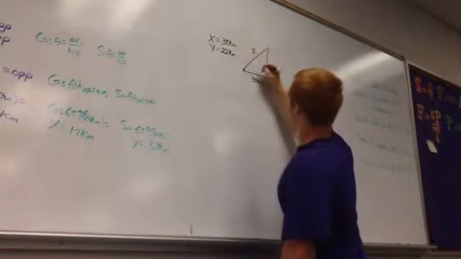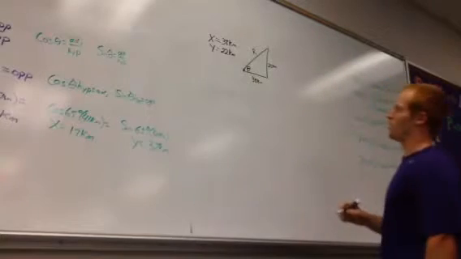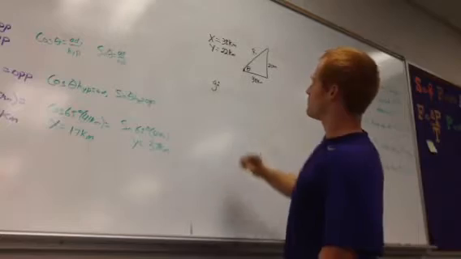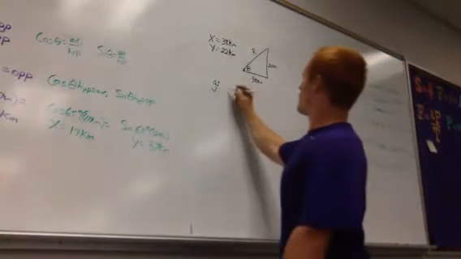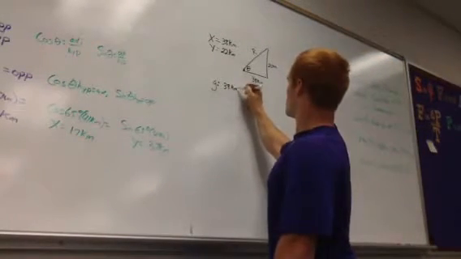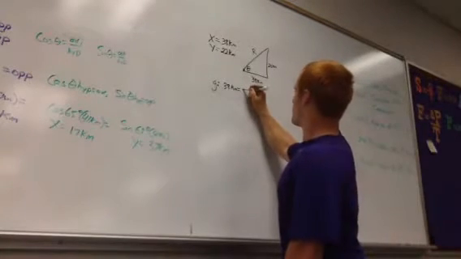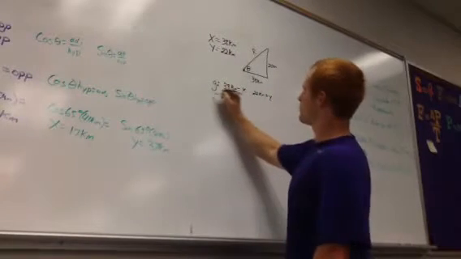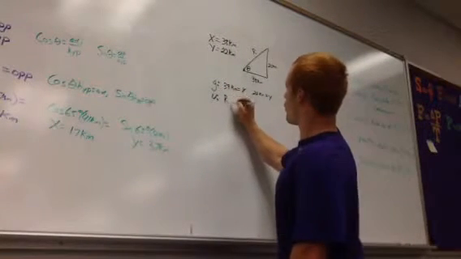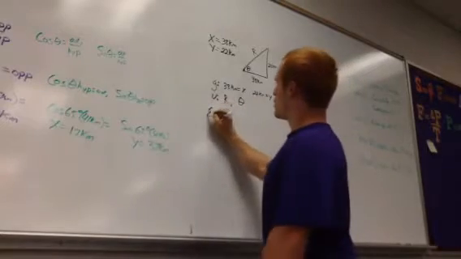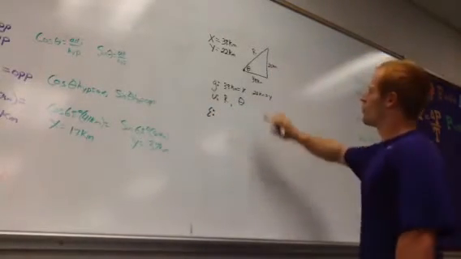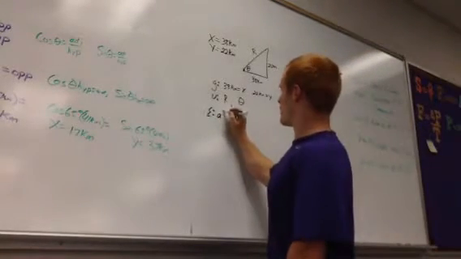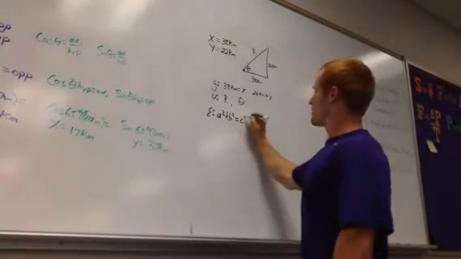We are going to solve for the hypotenuse, or resultant, and theta. So we are given 38 kilometers as our x value, 22 kilometers as our y value. Our unknowns are going to be r and theta. Equation for r, because we don't have an angle right now, we just use the Pythagorean theorem. So a squared plus b squared equals c squared.